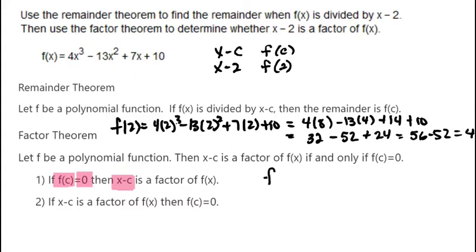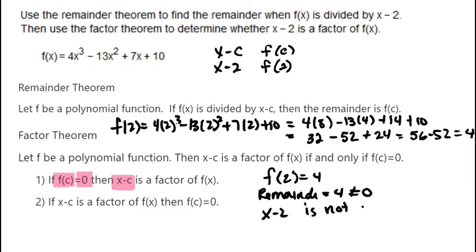So we got f of 2 to be 4, so the remainder is equal to 4, and since that remainder is not equal to 0, that means that x minus 2 is not a factor of our polynomial 4x cubed minus 13x squared plus 7x plus 10.